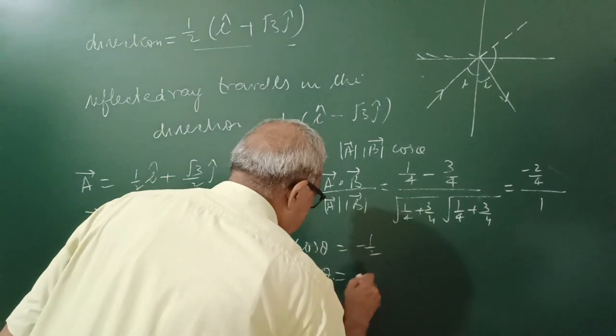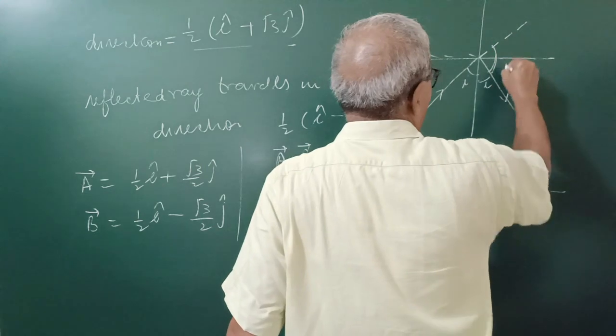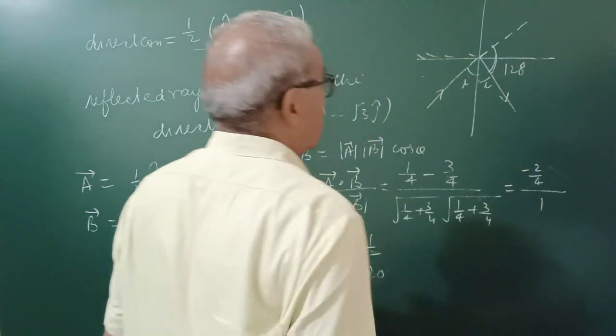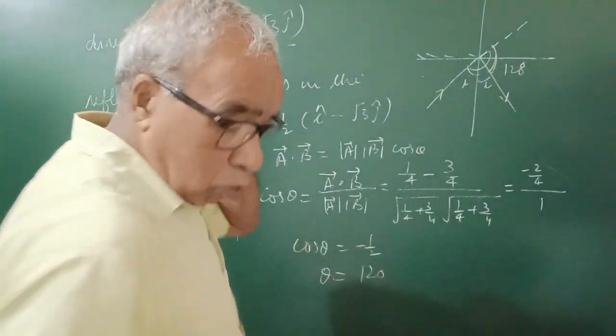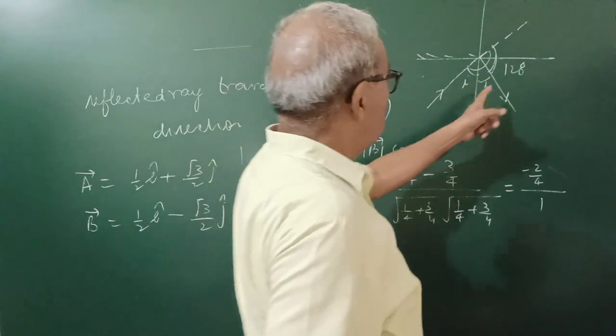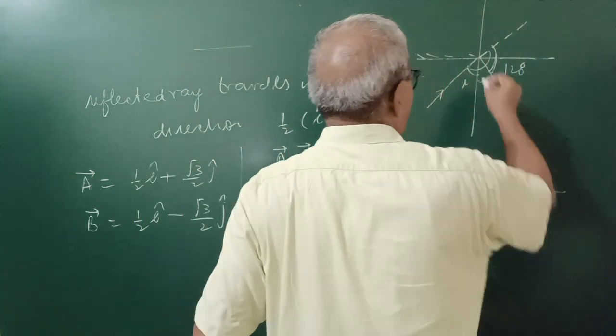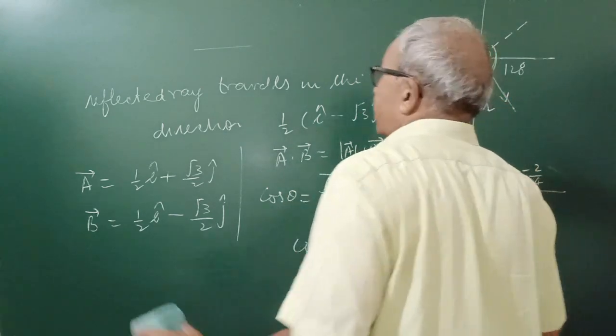So theta comes out to be 120 degrees. Means this angle is 120 degrees. Then how much? This is 180 degrees.